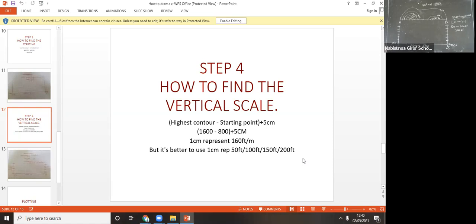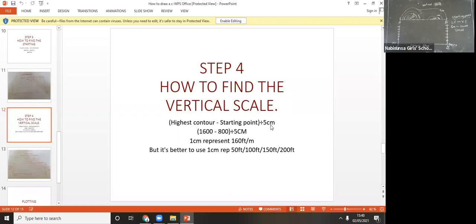Okay, 1 centimeter, I stop there. You can stop there, but 1 centimeter represents 160 feet. Have you got here? First write the method. The method is HC minus SP divided by 5.